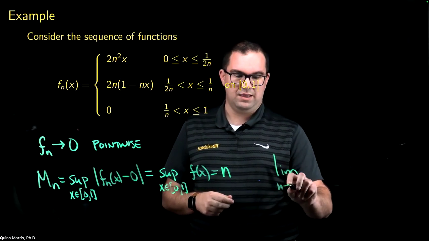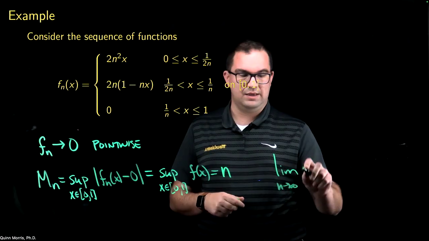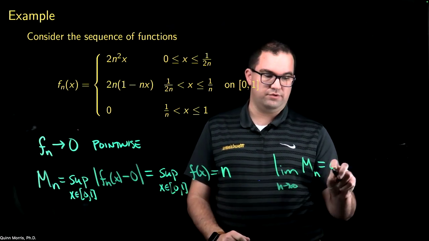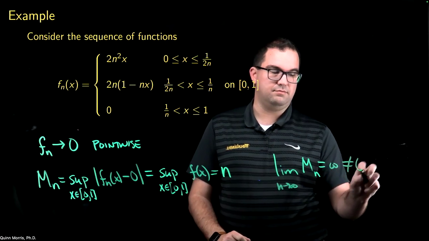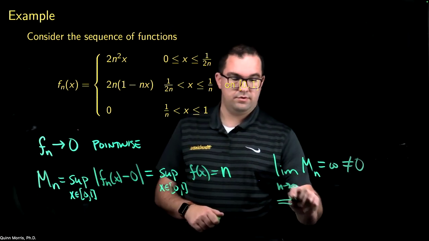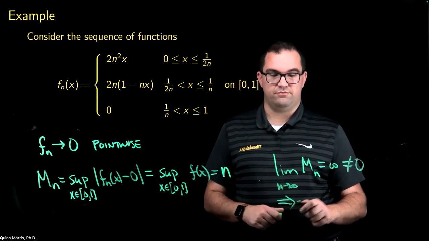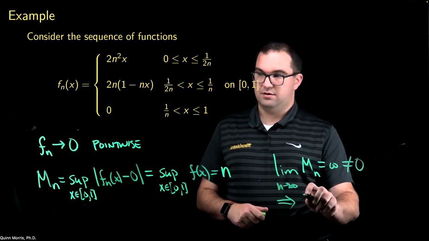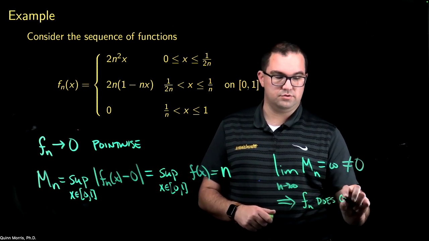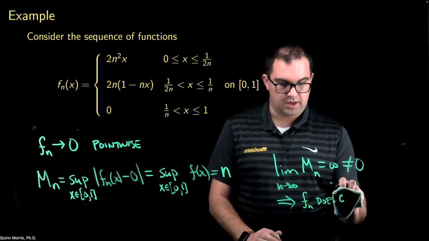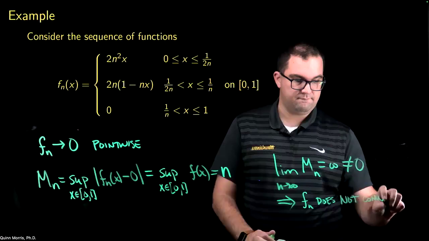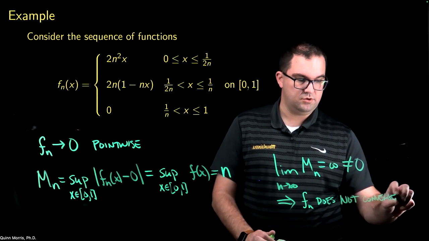But if I look at the limit as n goes to infinity of m sub n, this will actually diverge to infinity. Most importantly, it's not zero. And since it's not zero, that test for uniform convergence implies that f sub n does not converge uniformly.